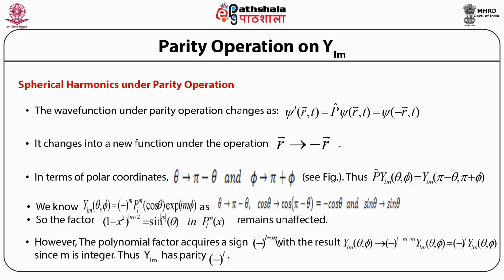However, the polynomial factor acquires a sign which is given by minus 1 to the power L minus modulus m, with the result that the spherical harmonic YLM theta phi goes to minus 1 to the power L minus modulus m plus m times YLM theta phi, and this turns out to be equal to minus 1 to the power L times YLM theta phi, since m is an integer.